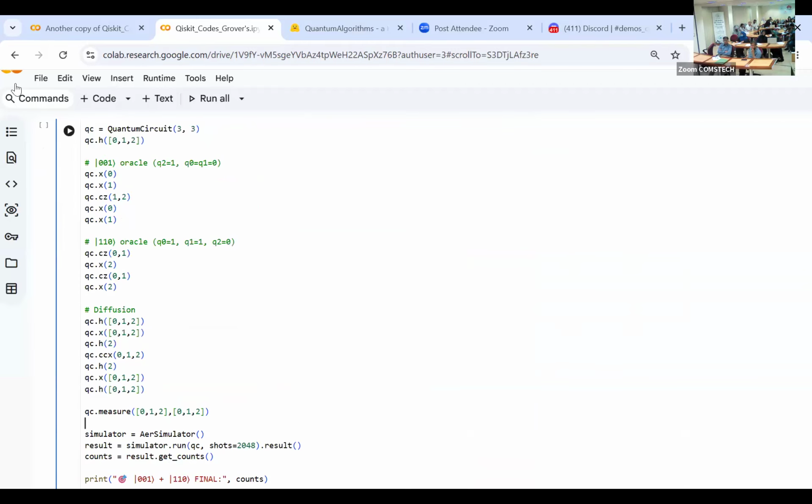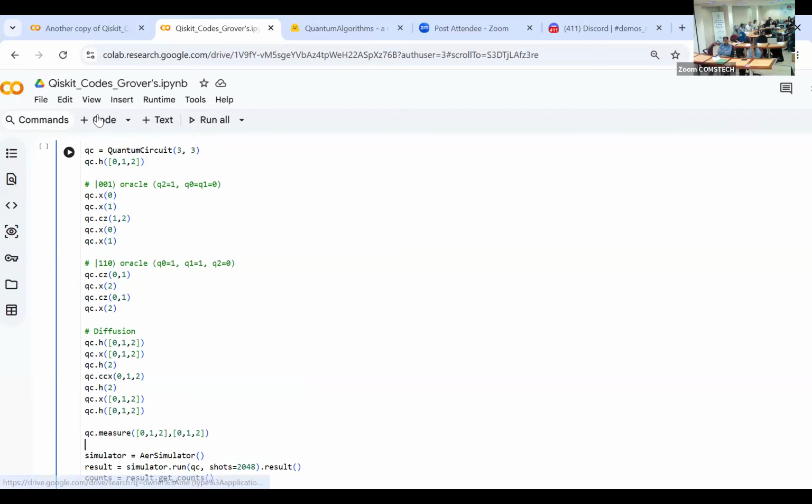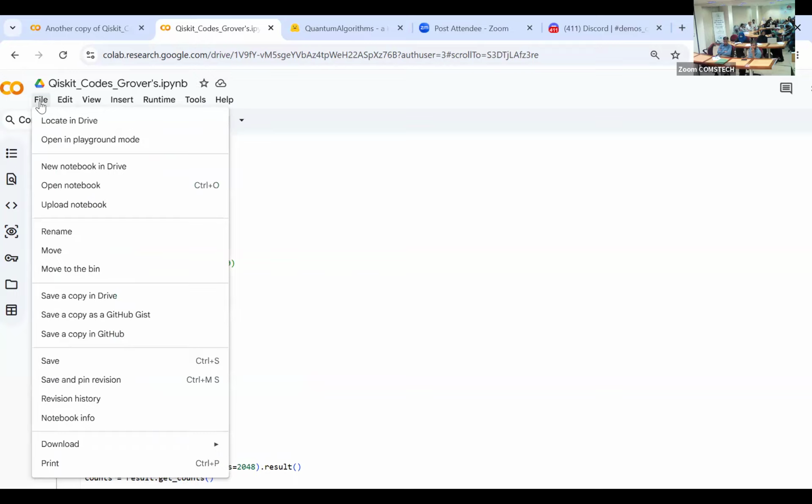If you are new to Colab, it's very simple. Just go to Google, type Google Colab, and you're going to get this interface. Here, you go to File and create a new notebook.